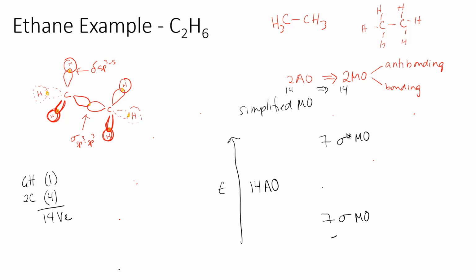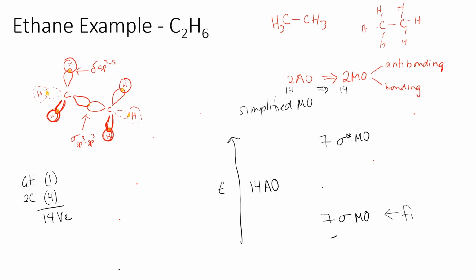So we want to be able to put the electrons into our molecular orbitals. And remember, each one of our molecular orbitals holds 2 electrons, which means my 7 sigma bonding molecular orbitals can hold 14 electrons.